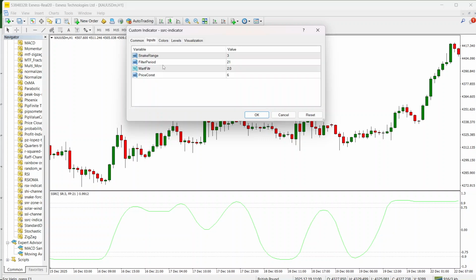Entry signals occur when the SSRC line crosses back from an overextended area past the plus or minus 0.9 mark, and the trade is exited when the SSRC line starts to bend back.